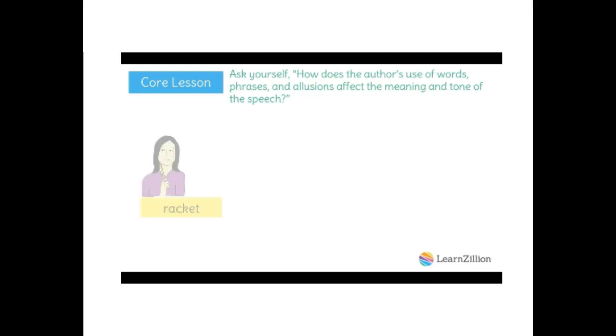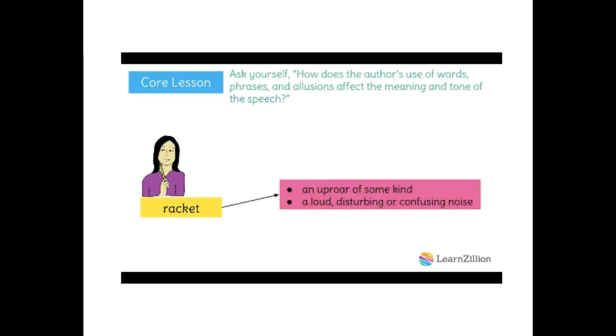The final step is to ask yourself, how does the author's use of words, phrases, and allusions affect the meaning and tone of the speech? First, I need to think about the meaning of the word racket. In my mind, it means an uproar of some kind, a loud, disturbing, or confusing noise. Next, I need to think about the meaning of the phrase out of kilter.